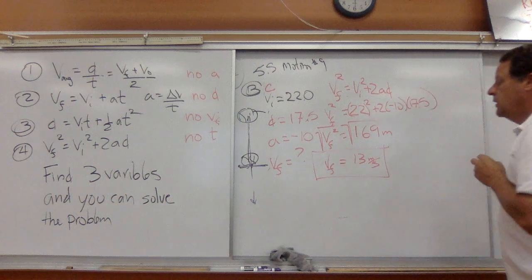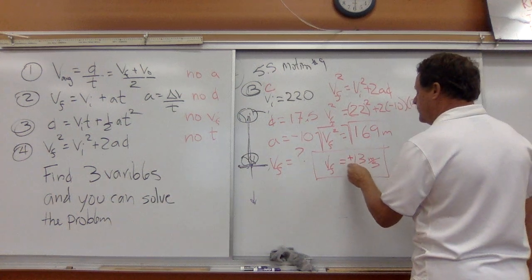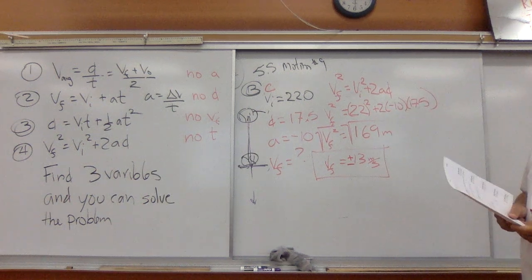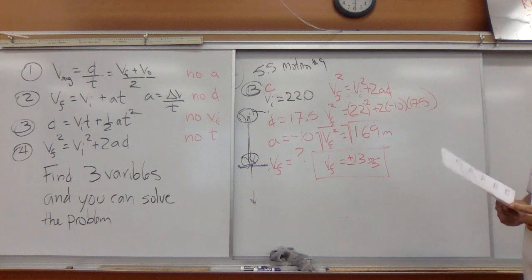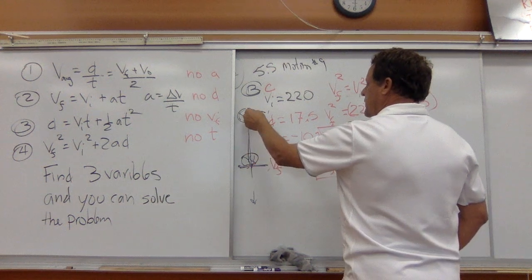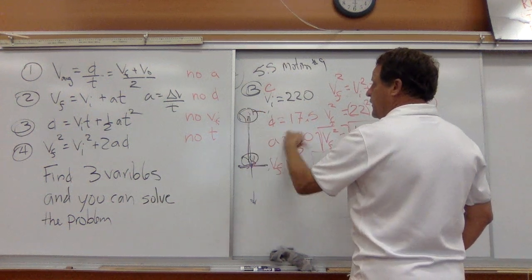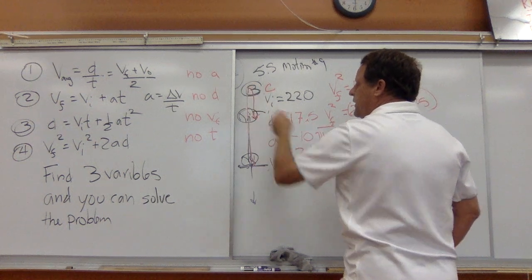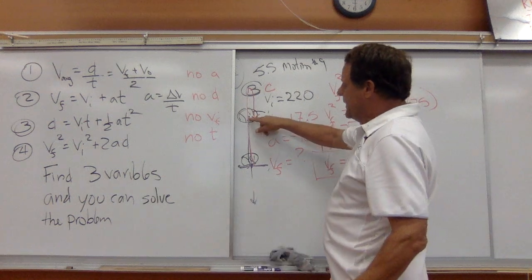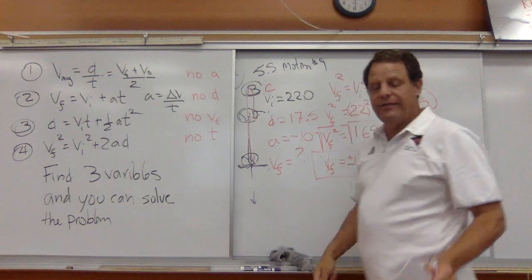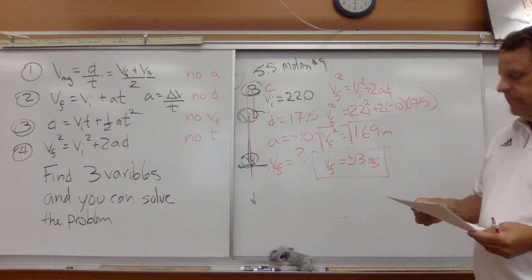That could be plus or minus, and we'll figure that out in a second. Remember, as it goes up, if it goes higher than 17.5, it will come back down, and at any level, as long as it's at the same level, it's going to have the same velocity.